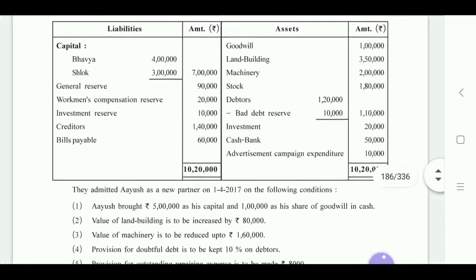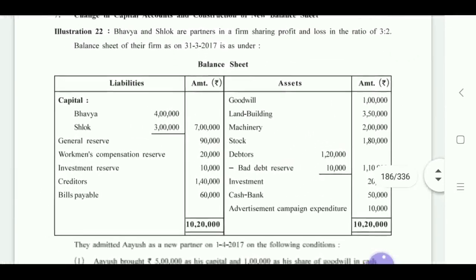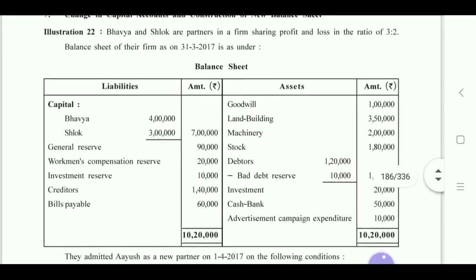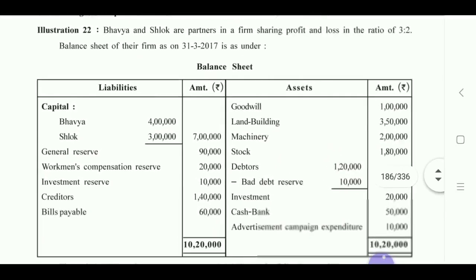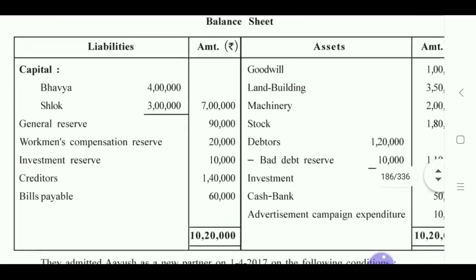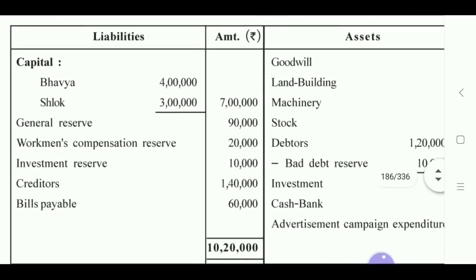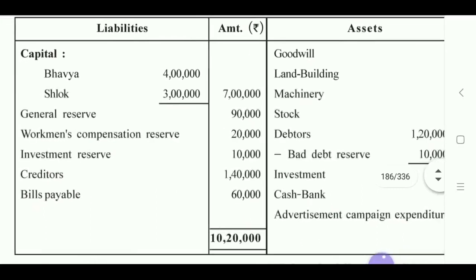So let us quickly start. Before that, let me clarify what the steps for solving a long sum are. The very first thing is that you are supposed to carefully observe the question. You have the balances of capital accounts here. If the balances of current accounts are given, then you are supposed to prepare current accounts along with the other accounts.